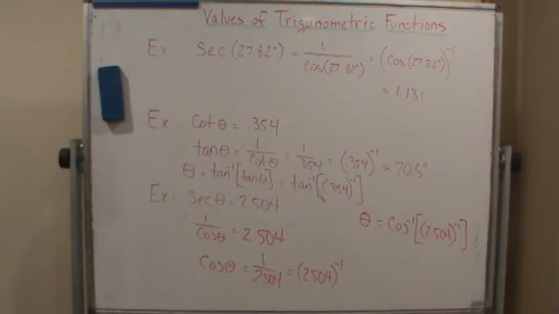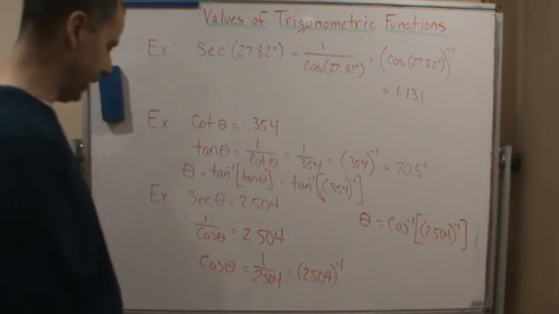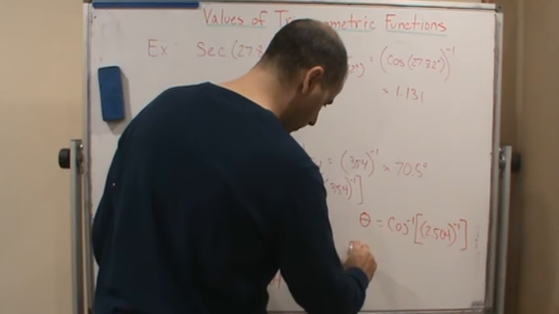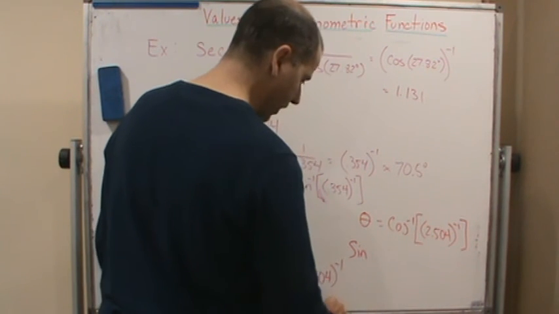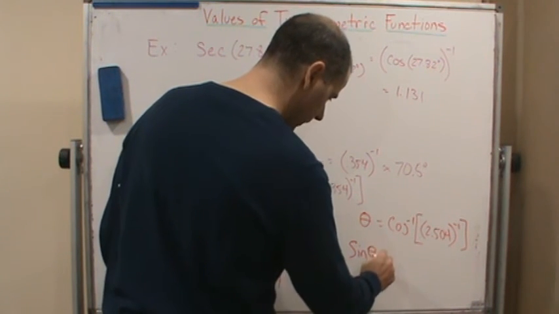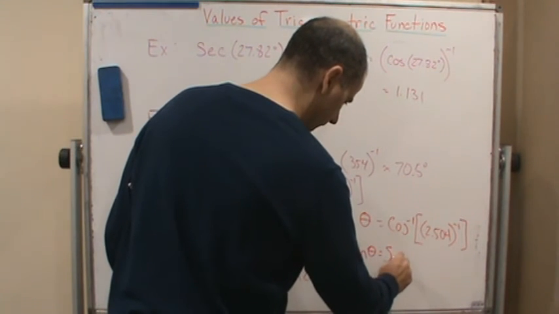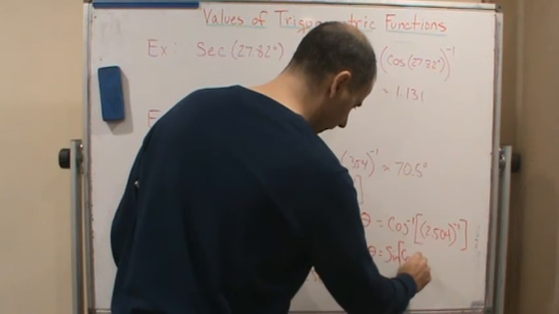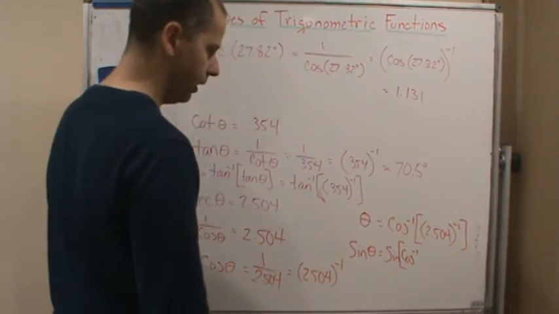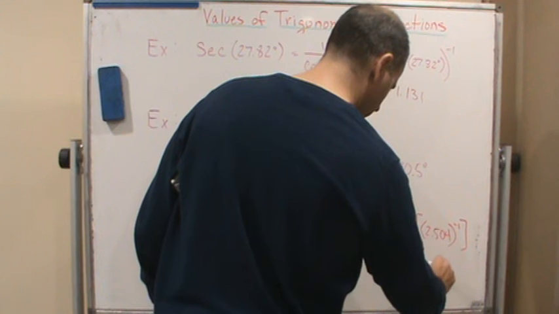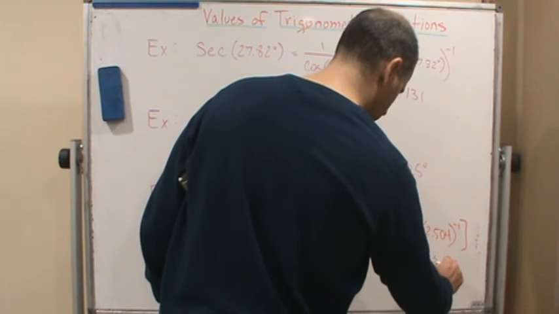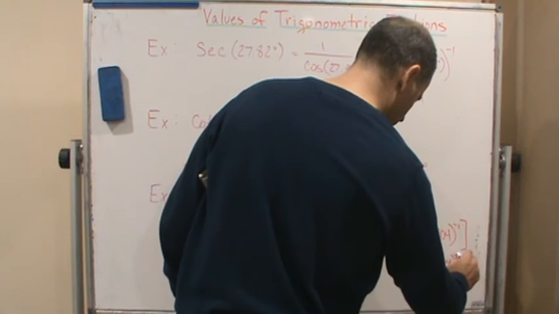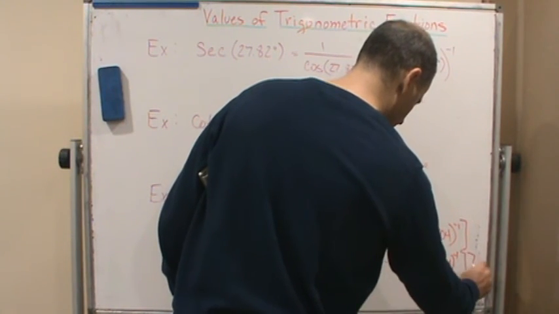And now I want the sine of theta. That's the goal, right? That's what they're asking us to do, calculate the sine. So in this case, I'm just going to take the sine of both sides. So sine of theta equals the sine of the cosine inverse of 2.504 to the negative first power.